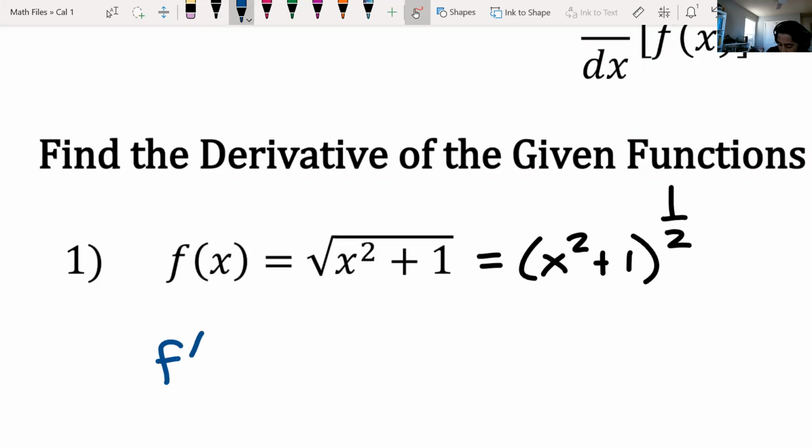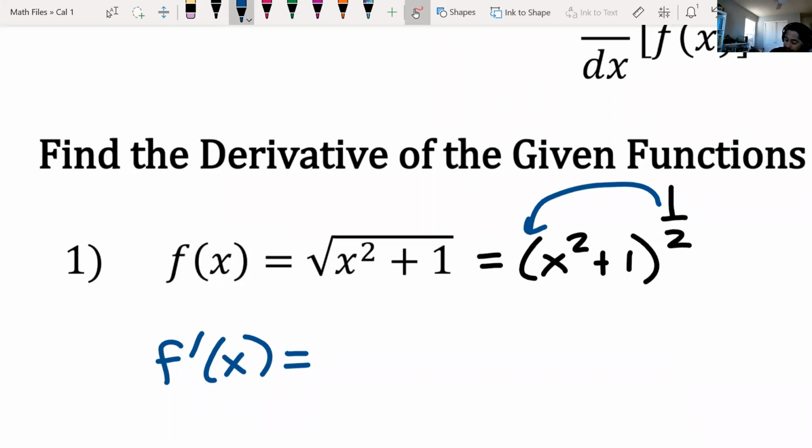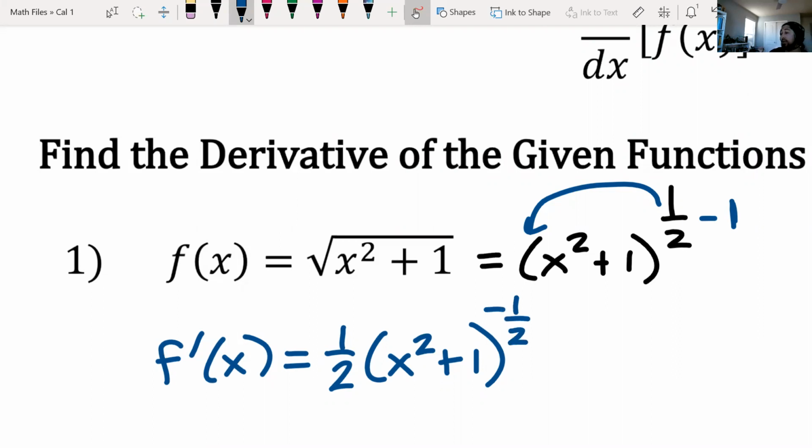So f prime of x, and now we take the derivative of the outside function, which includes this power, which means that 1/2 is coming down. So you'll get 1/2 times x squared plus 1. The inside stays the same. And since we took the derivative of the outside, you take 1 away from that power, which means you're going to get 1/2 times x squared plus 1 to the negative 1/2.